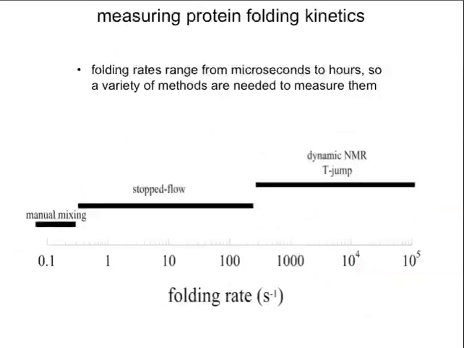Dynamic NMR experiments are slightly more complicated, remembering that NMR works on the radio frequency time scale, right? So thinking about the time dependence of an NMR response. If the folding process is actually taking place on a time scale that's faster than the NMR time scale, then you will see multiple resonances.